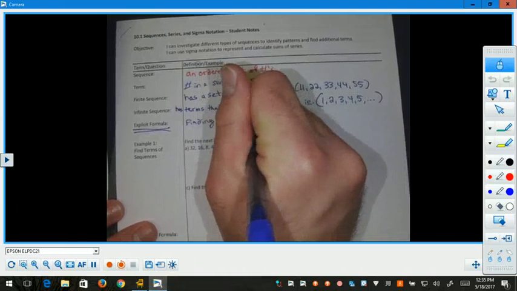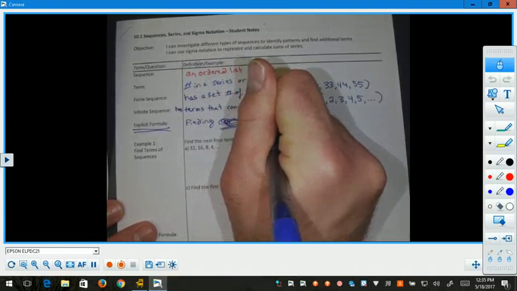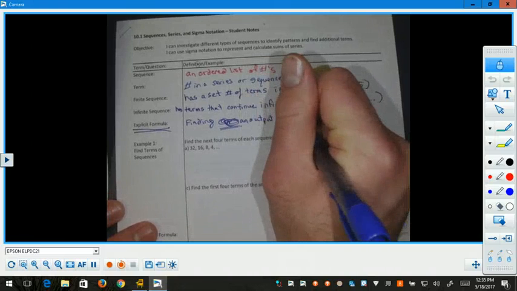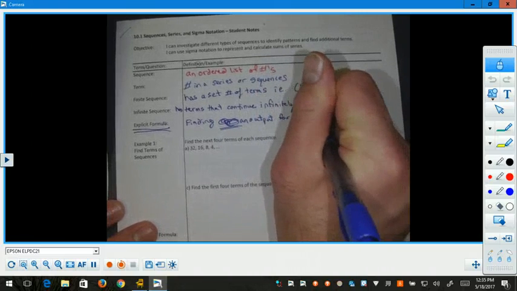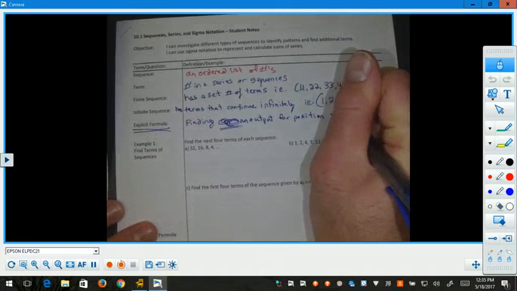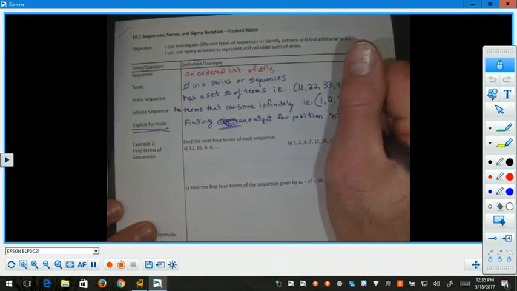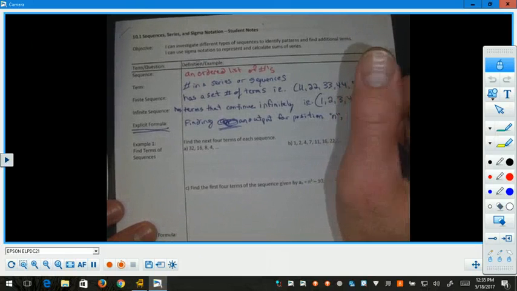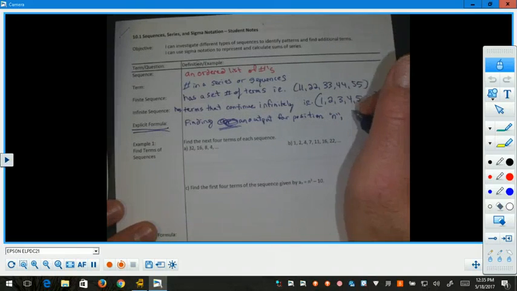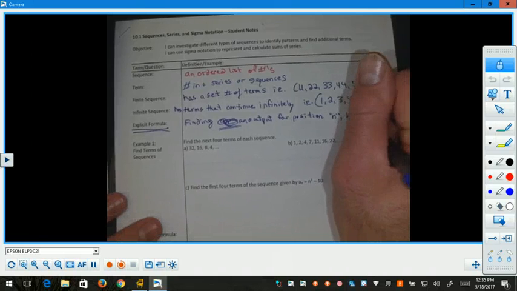Finding an output for position n, maybe it's the first position or the third or the fifth or some random position, where n is the position, based on that position.